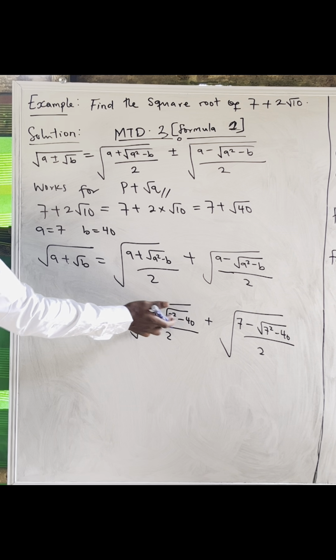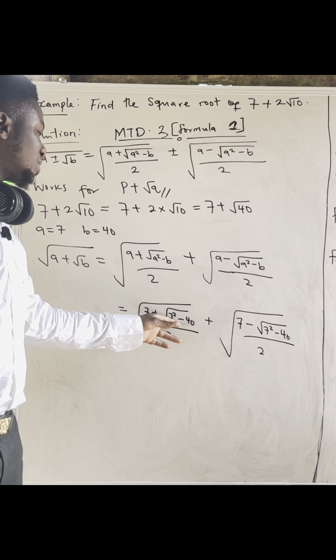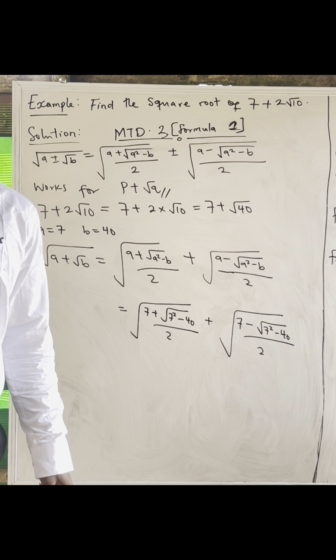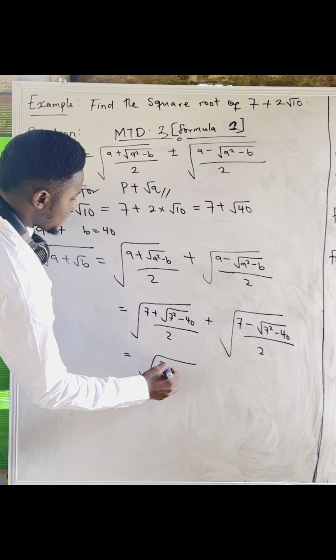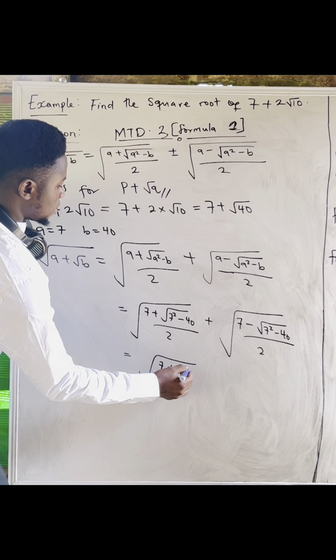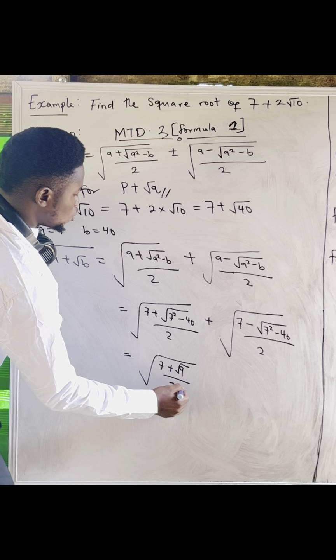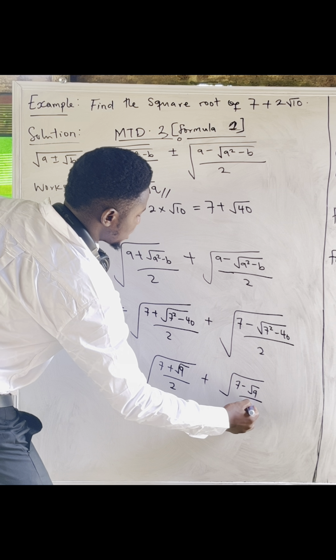Now guys, what is 7 square? That is 49. What is 49 minus 40? That is 9. So this will turn to square root of (7 plus root 9) over 2 plus square root of (7 minus root 9) over 2.